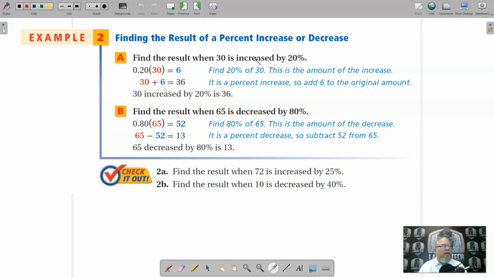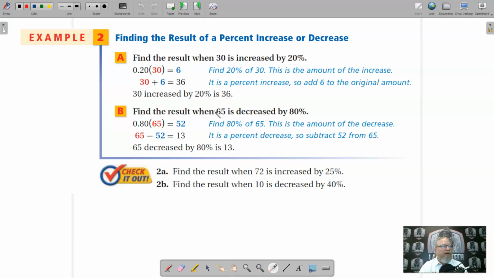So 20% of 30, we would get 6. So now we need to add 6 back to the original amount of 30. 30 plus 6 is 36. So therefore, 30 increased by 20% is 36. There's an easier way to do this, and we'll look at that later on in another example.